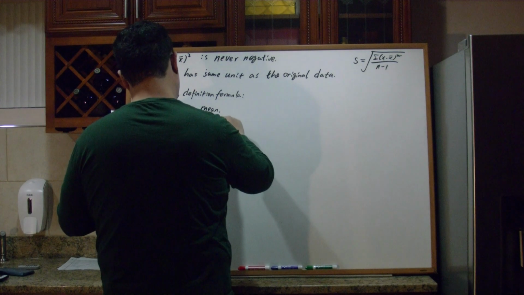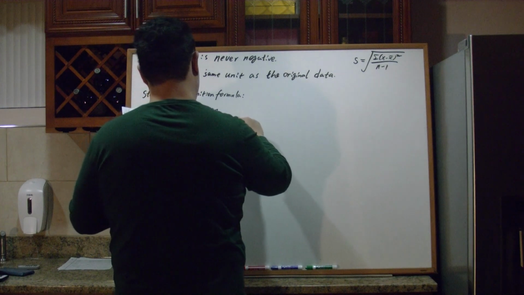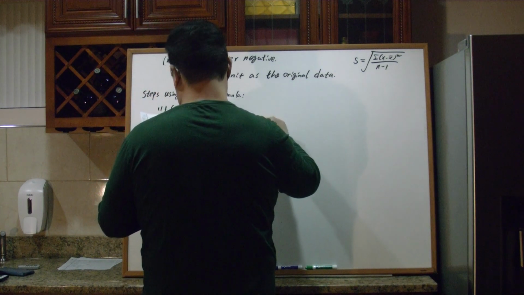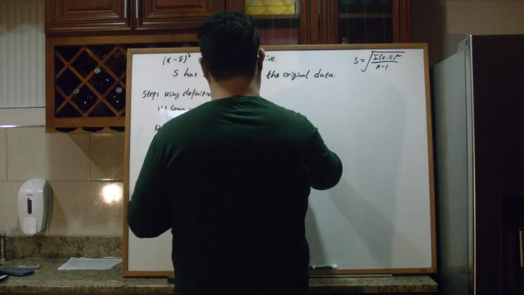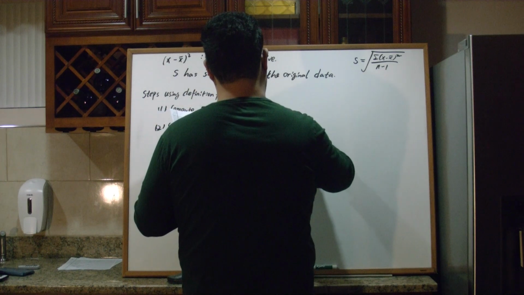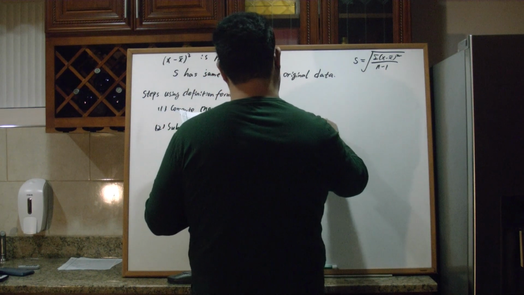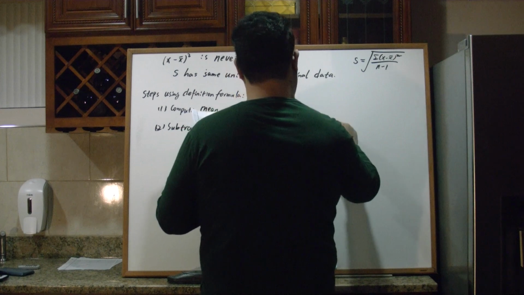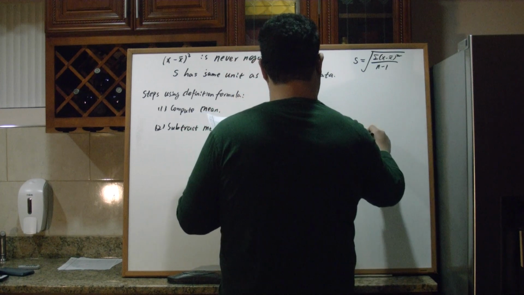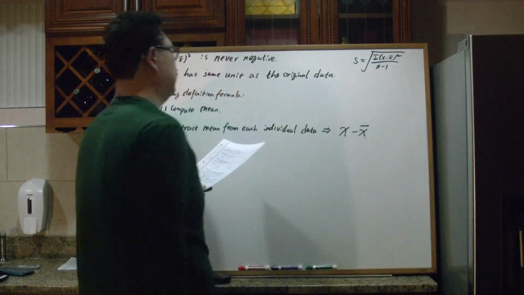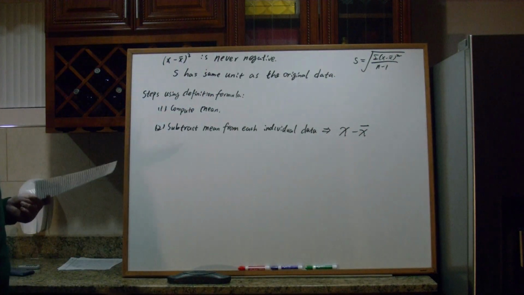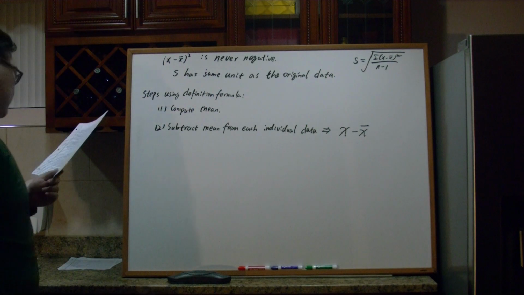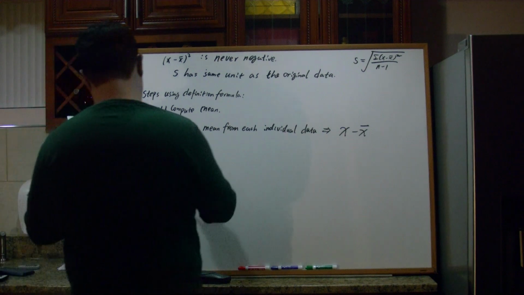After we compute the sample mean, subtract the mean from each data value. The result is x minus x bar. Then square the difference.